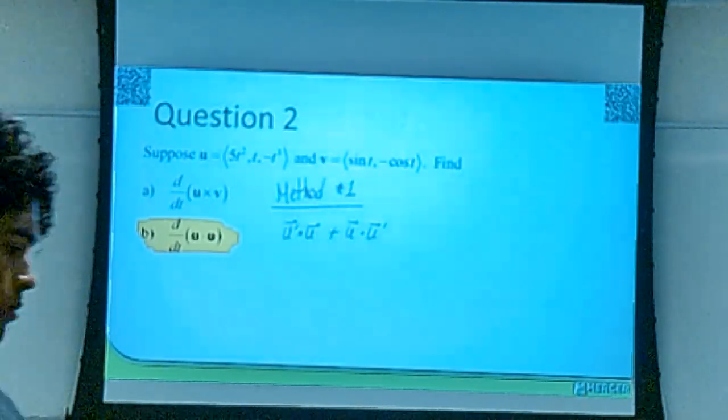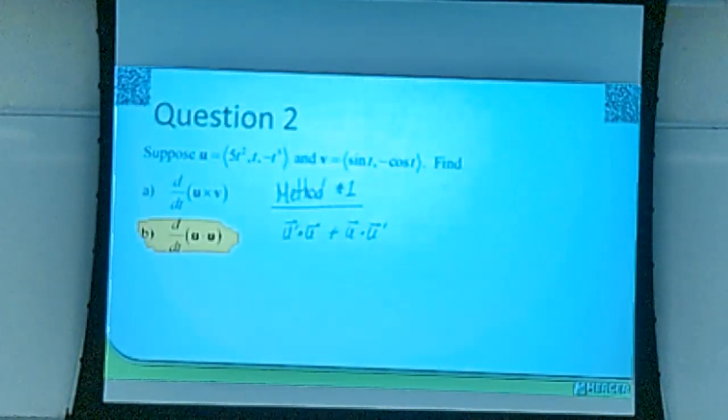Is to use the dot product rule. Dot products. Is the dot product commutative? It is, right?